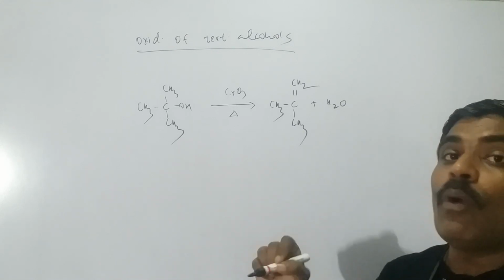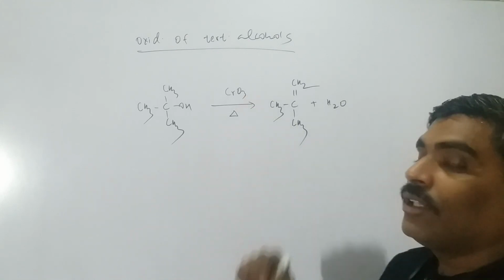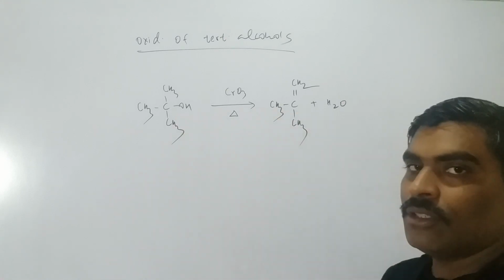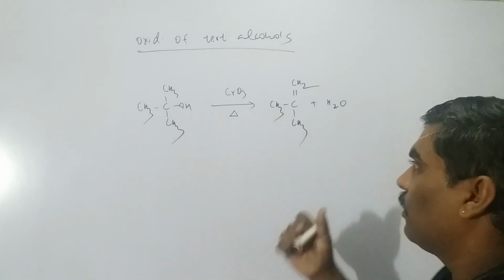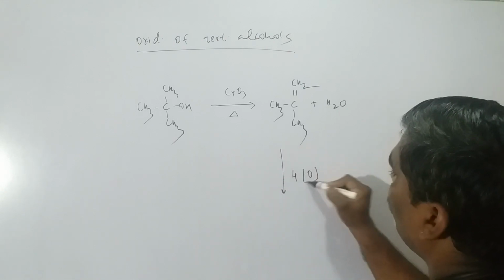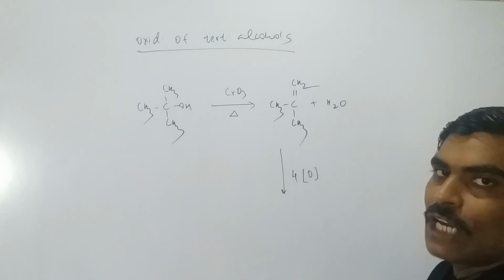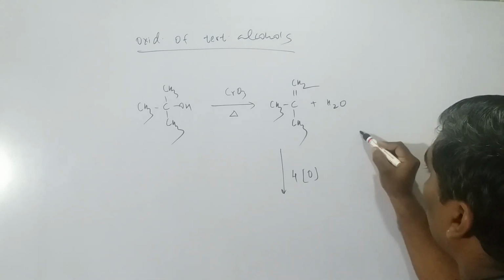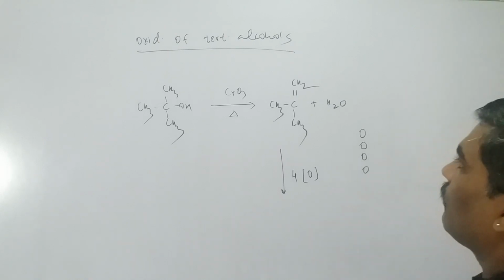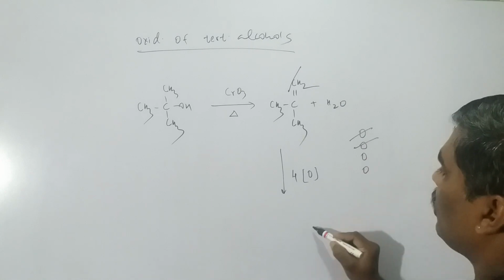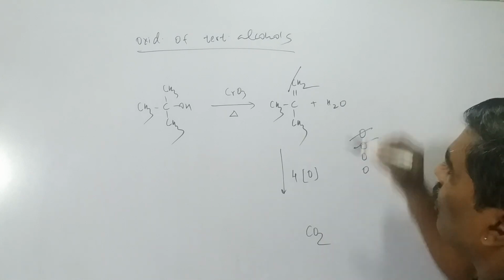Now further, what happens? CrO3 has a double action. First dehydration and then oxidation. So now further oxidation, CrO3 produces four oxygen: 1, 2, 3, 4. This carbon reacts with two oxygen to form CO2.